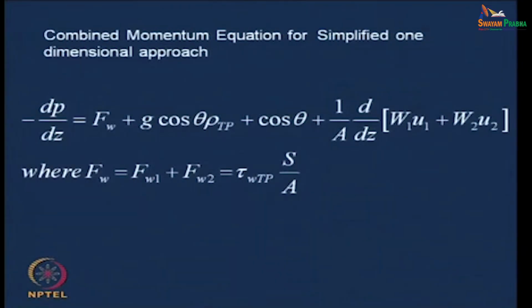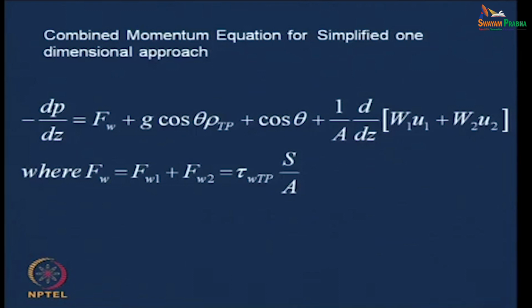We were discussing that a large number of empirical correlations have been proposed for this particular purpose. The basic thing is that we have relaxed one particular assumption of the homogeneous flow model, and we assume that the two phases are flowing at different velocities.